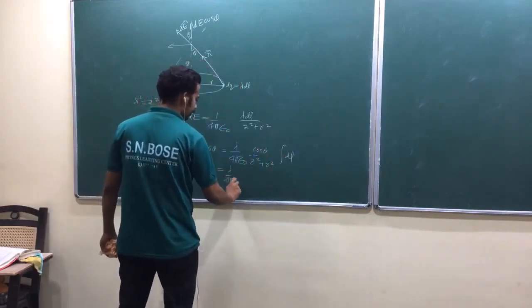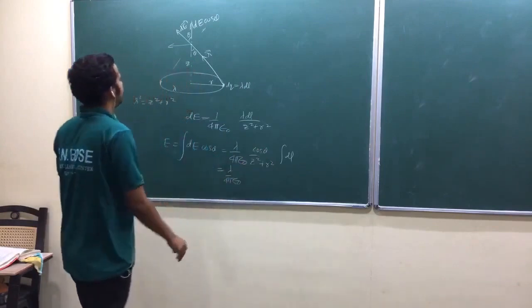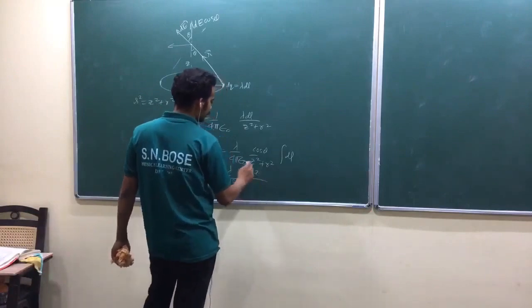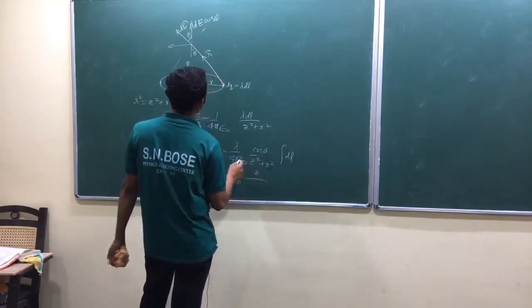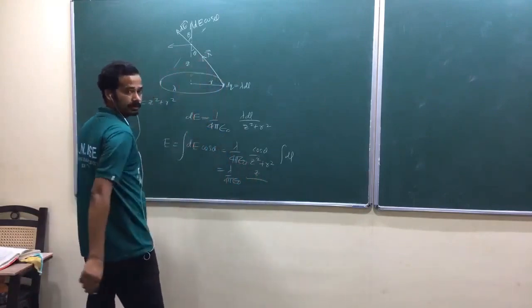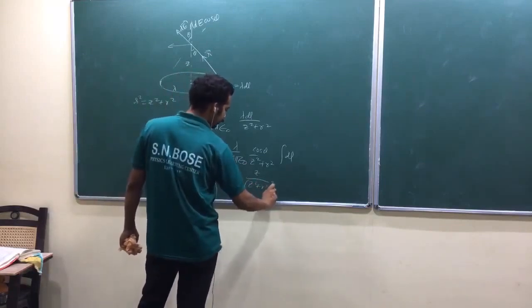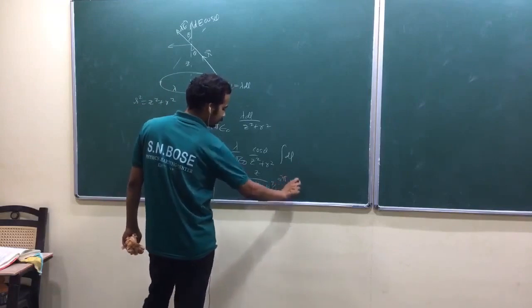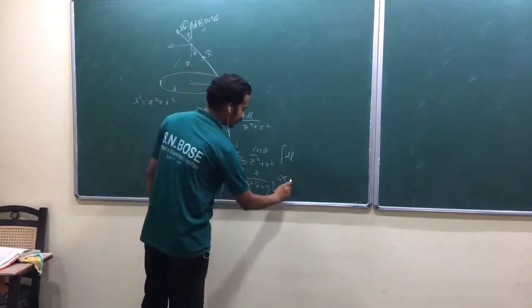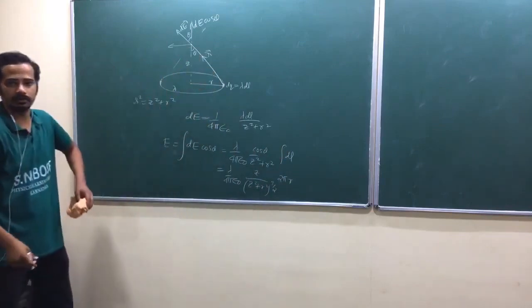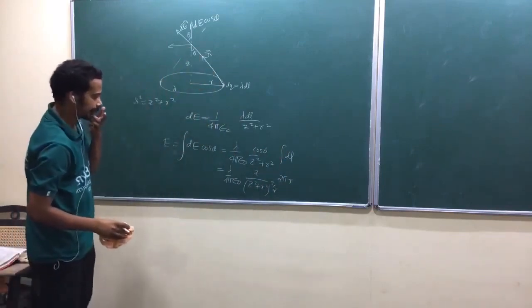Lambda by 4 pi epsilon naught. What is cos theta? z by italic r, which means z by root of z square plus r square. So z square plus r square raised to 3 by 2, into 2 pi r. Am I right? 2 pi r is the integration of dl. When you integrate throughout, you will get that. Is that okay? Any question?